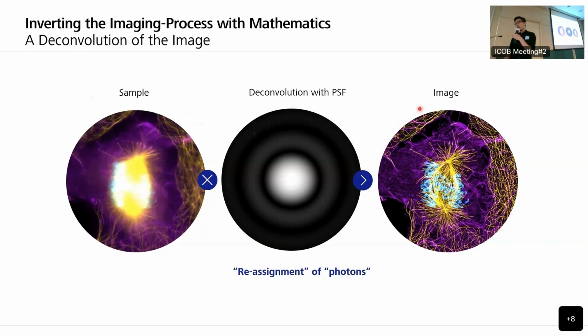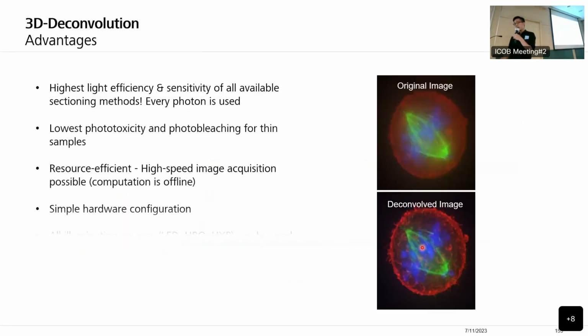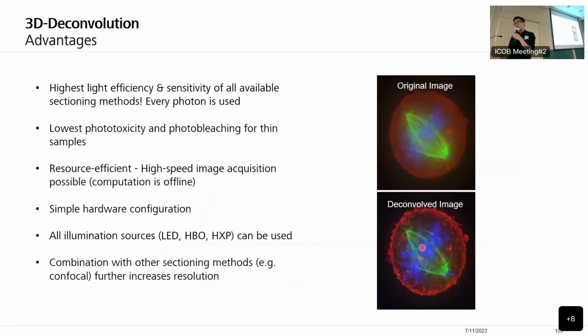Then we try to retrieve the images with clear structures. And this process is called deconvolution. This can be applied to very simple systems, just like wide field systems, but you can also do this kind of work on confocal images or also super resolution.